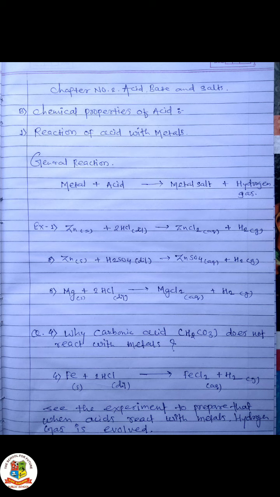So the metal is magnesium, the acid is hydrochloric acid, and the metal salt is magnesium chloride. In the general reaction, whenever metals react with acids, they give evolution of hydrogen gas. Keep in your mind, whenever metals react with acids, they always evolve hydrogen gas.